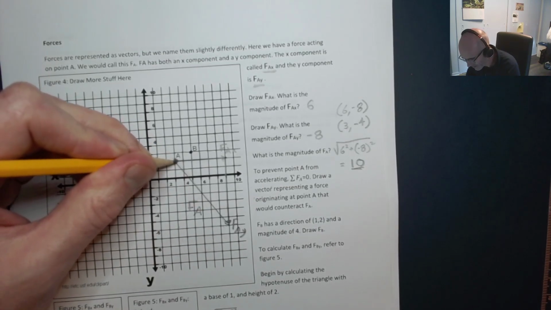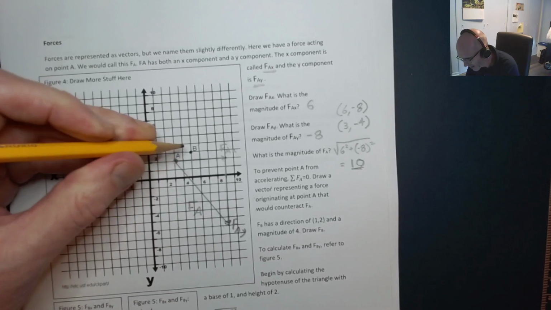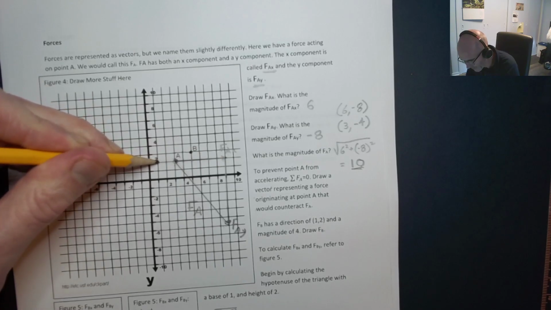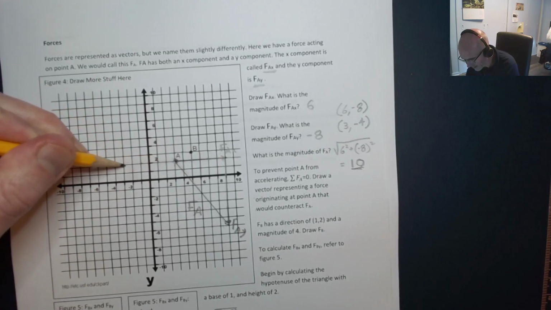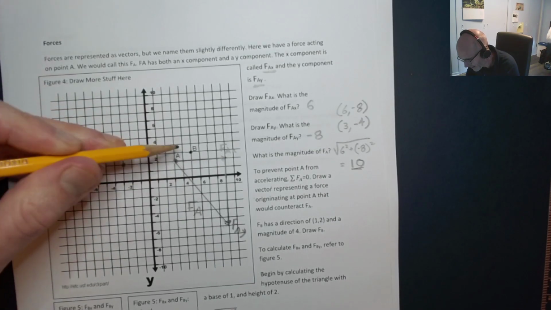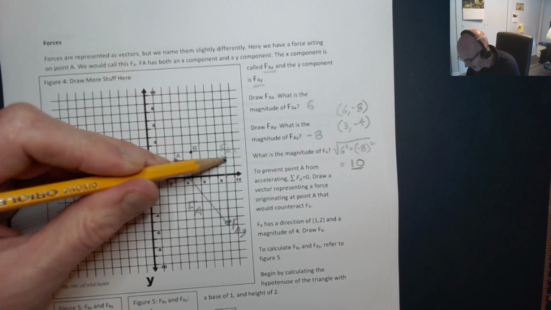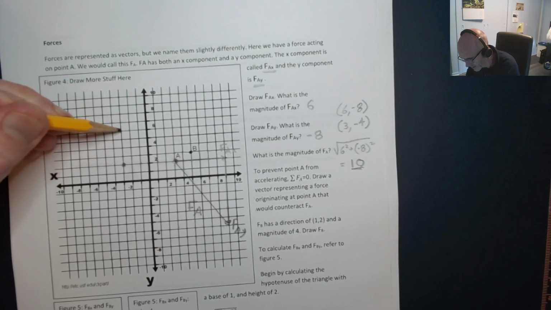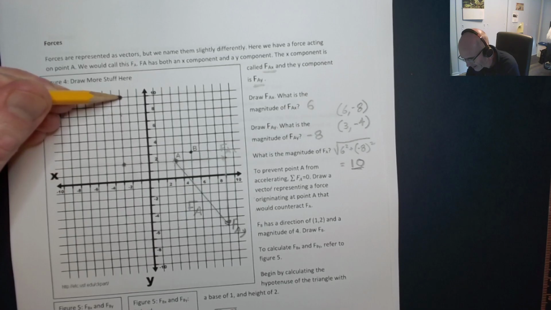So our vector that would counteract FA would go over 2, 4, negative 6 right there. And then it would go up instead of down by 2, 4, 6, 8.